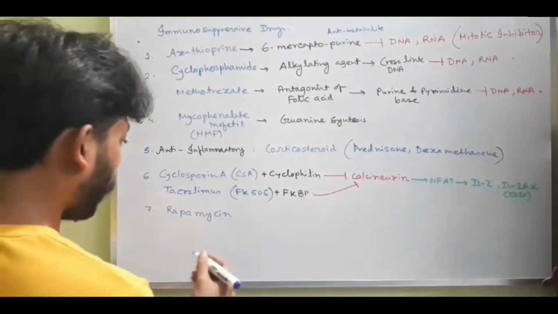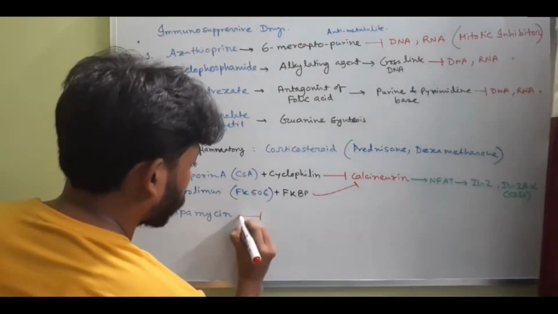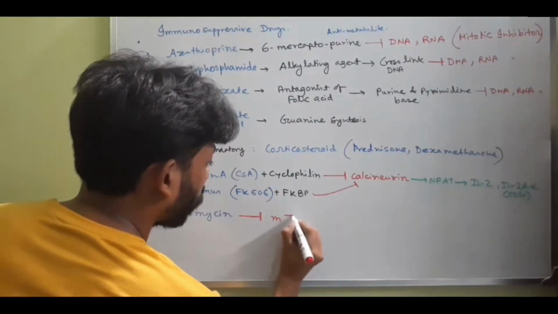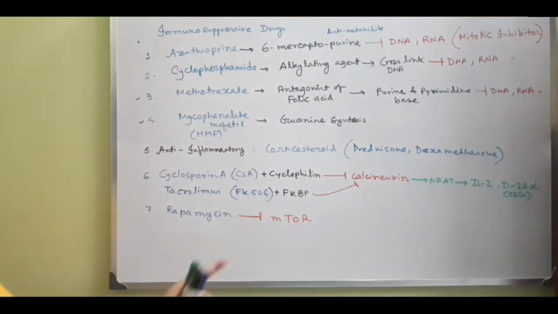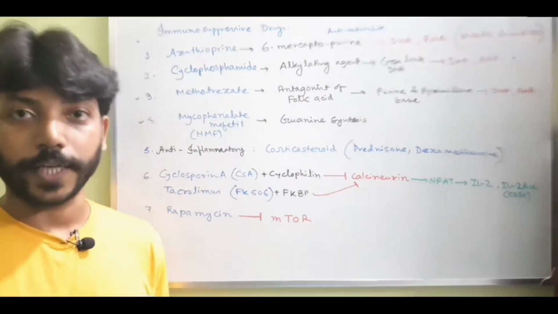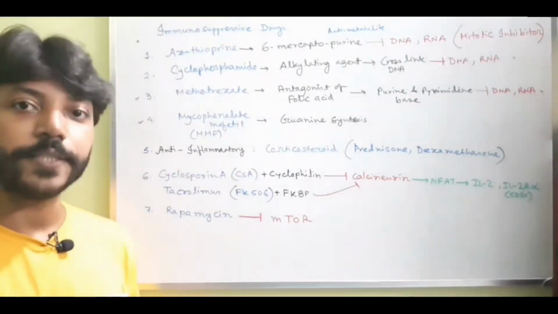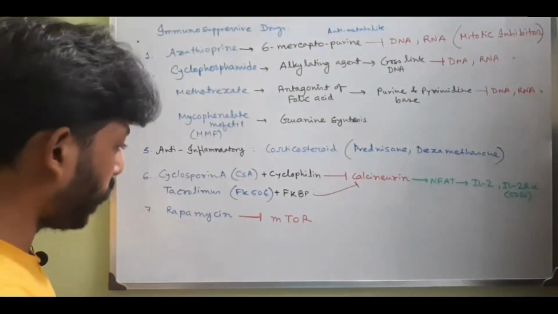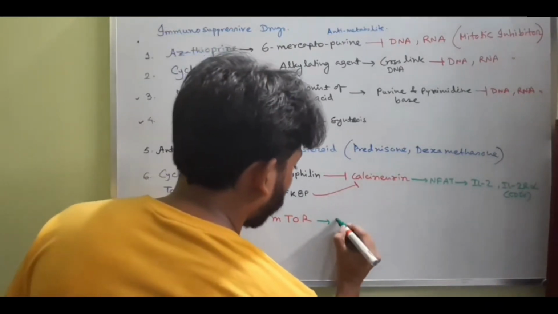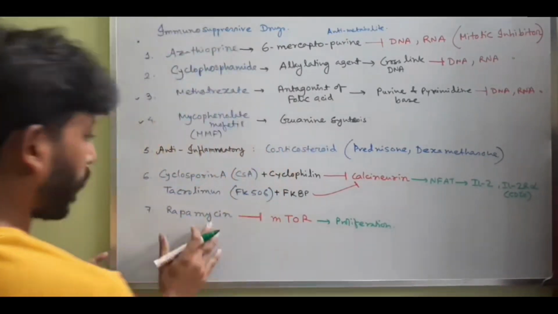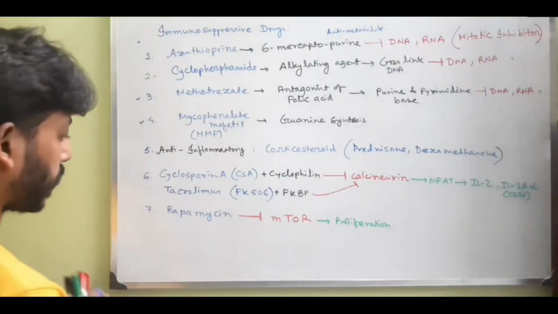Rapamycin inhibits an enzyme called mTOR. mTOR means mammalian target of rapamycin. This enzyme is very important for a signaling called AKT signaling, which helps in survival and proliferation. That means mTOR promotes proliferation. So when rapamycin inhibits this enzyme, proliferation does not occur. Rapamycin is also known as sirolimus.